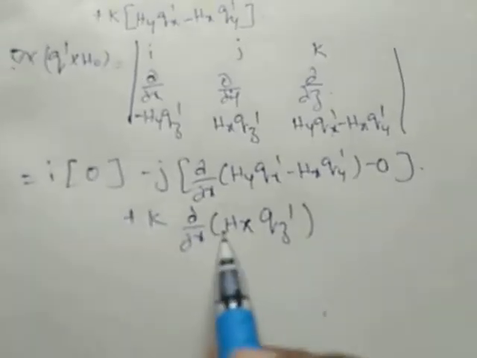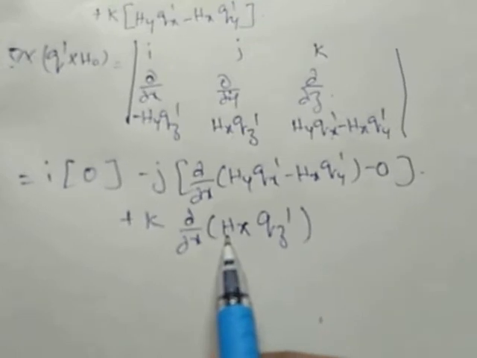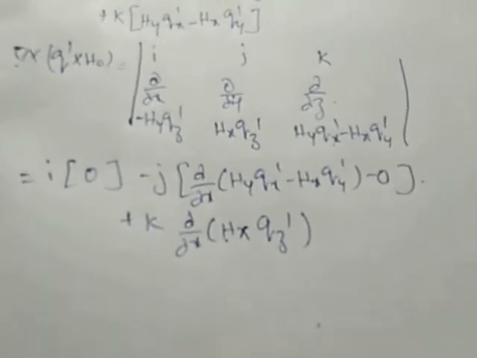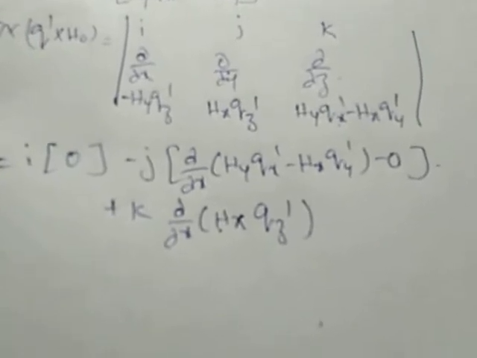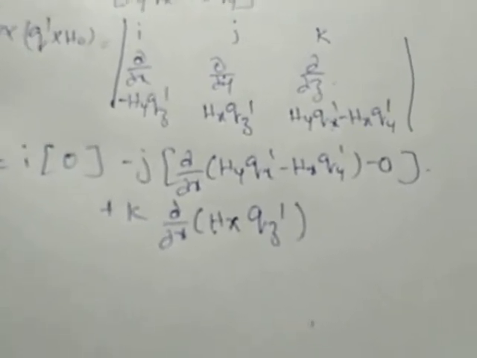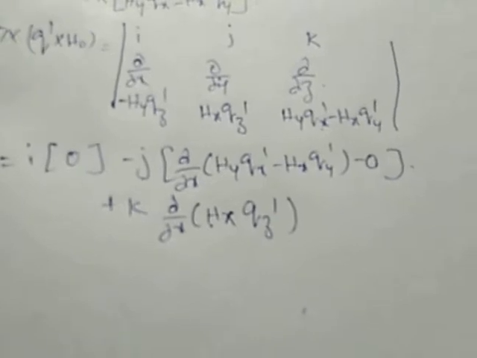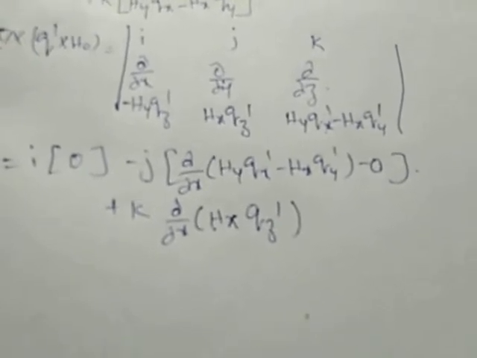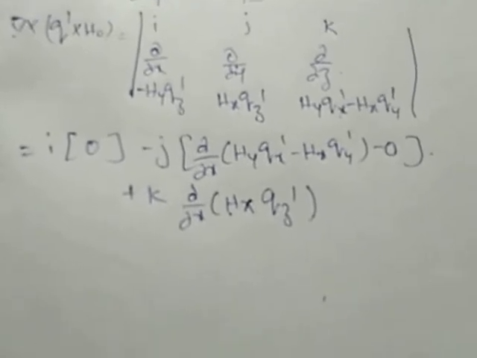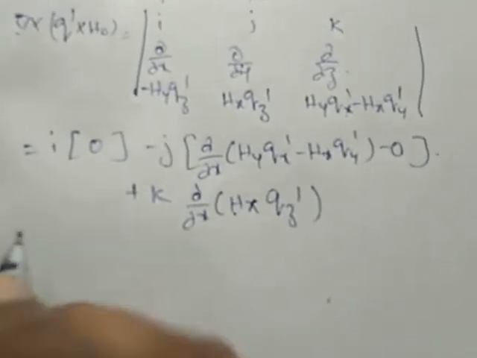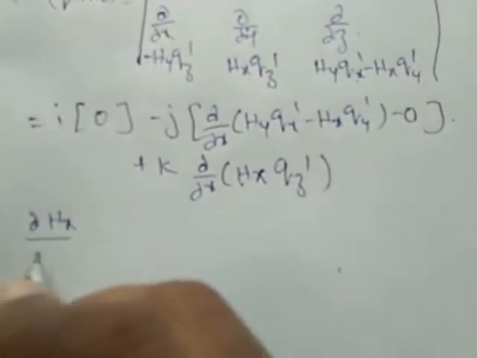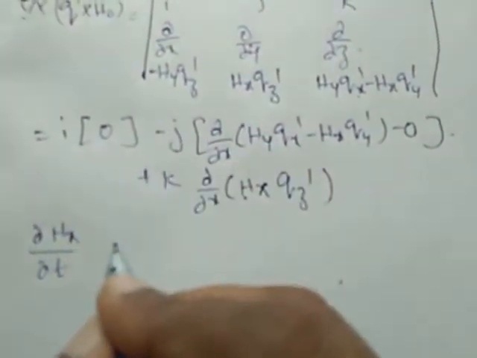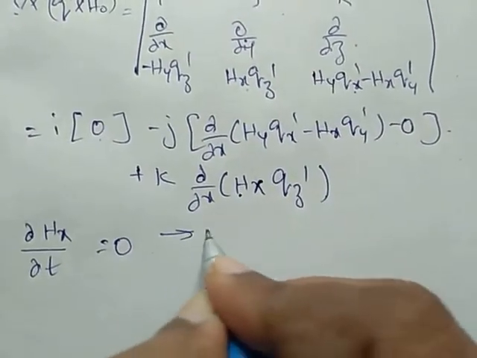So when we substitute this in equation 12, as in the momentum equation, we equate the coefficient of the i term, the j term and the k term. For equation 12 also we are going to equate the coefficients of i, j and k. So we will have dou hx dash by dou t for i; i is 0 here, therefore 0. I'll take this as equation 13.